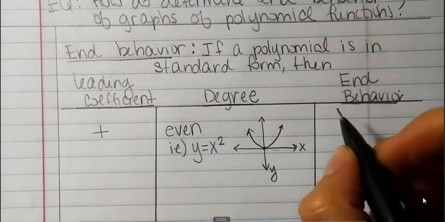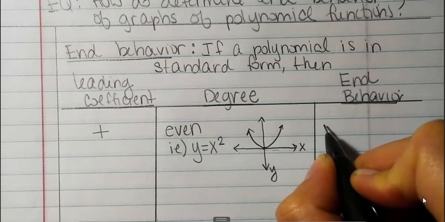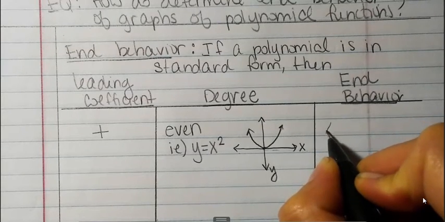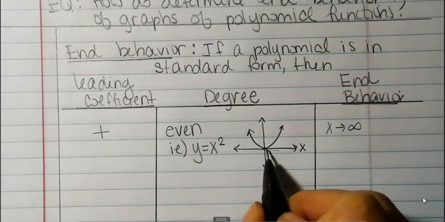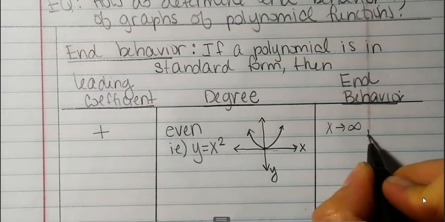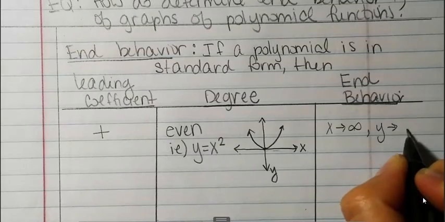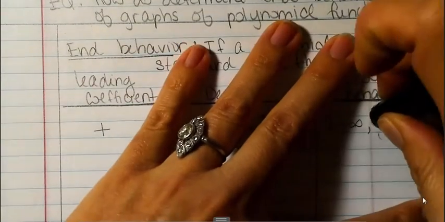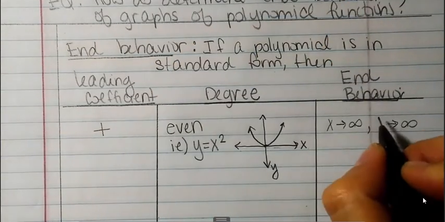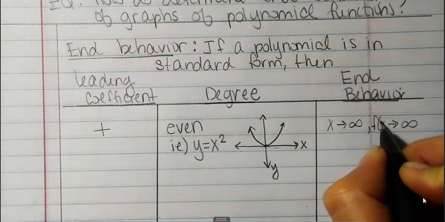So we can say that as x goes to infinity, right? So as x gets really big, y also goes to infinity. You know what? I'm not going to use y. I'm going to use f of x.